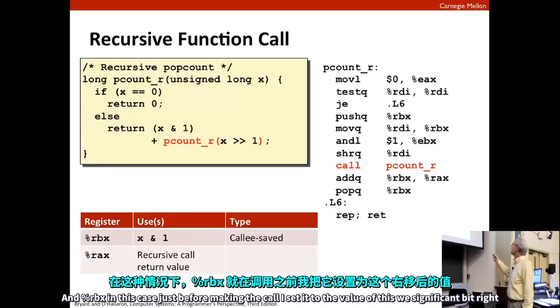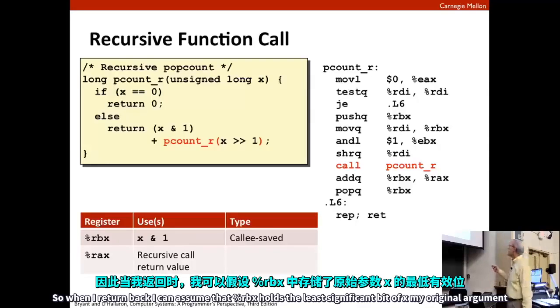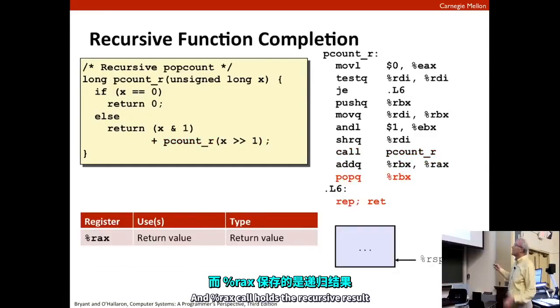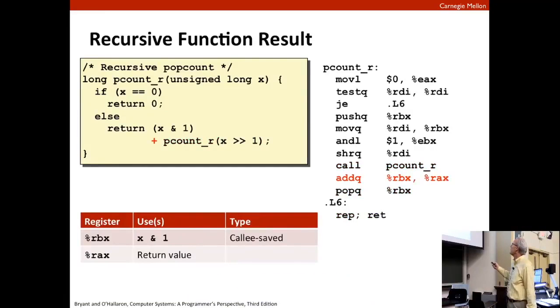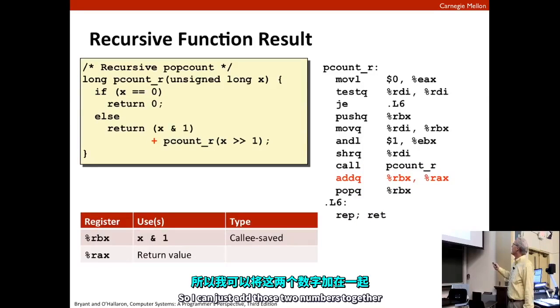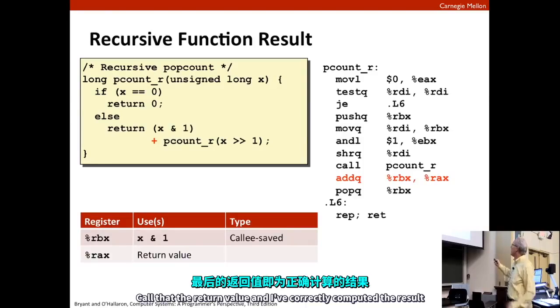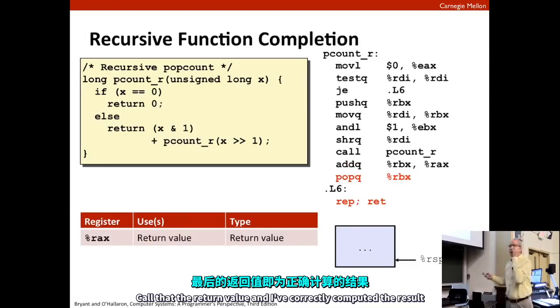And RBX in this case, just before making the call, I set it to the value of this least significant bit, right? So when I return back, I can assume that RBX holds the least significant bit of x, my original argument, and RAX holds the recursive result. So I can just add those two numbers together, call that the return value, and I've correctly computed the result.